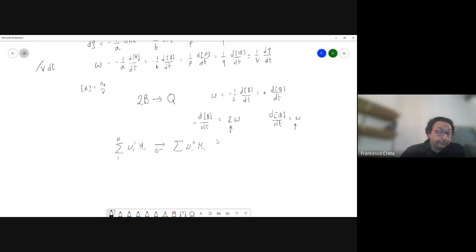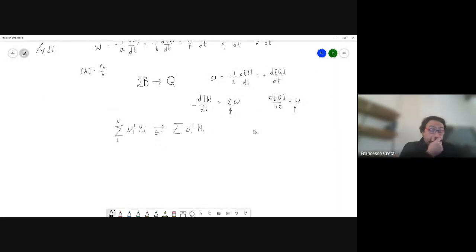So how do we define the reaction rate in exactly the same way? We remind ourselves that dn_i over the difference in stoichiometric coefficients, for all species, is equal to d xi.